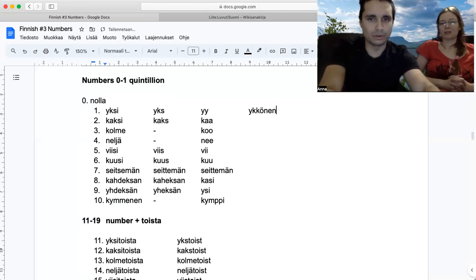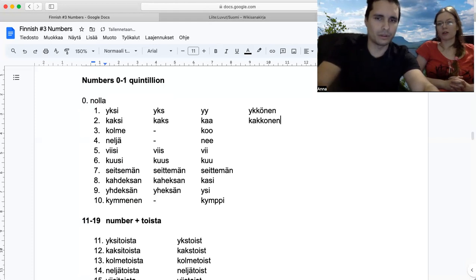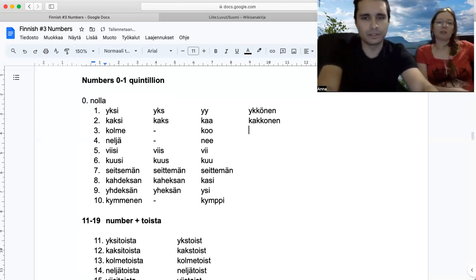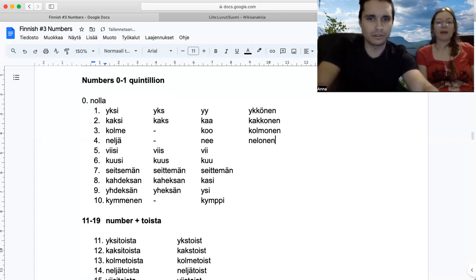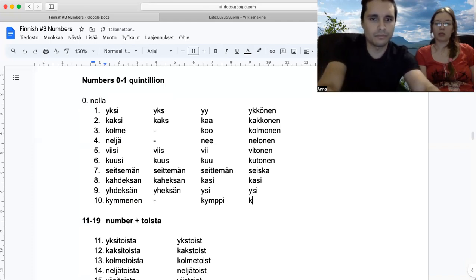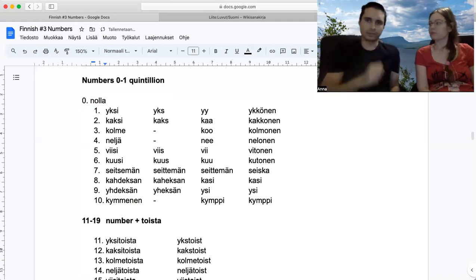So ykkönen, kakkonen. Can you explain? Yeah, these ones we use when we say just number one, A1, A2, A3, something like that. Ykkönen, kakkonen, kolmonen, nelonen, viitonen, kuutonen, seiska, kasi, ysi.